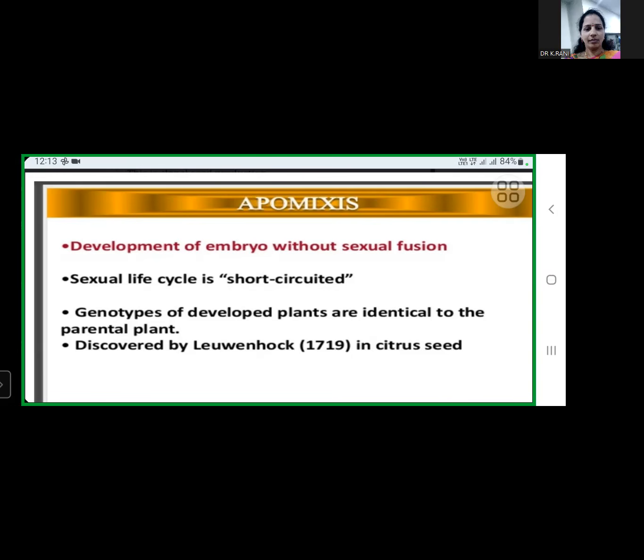The genotypes of the developed plants are identical to the parental plant. As I told you, it was discovered by Leeuwenhoek in 1719 in the citrus seed.